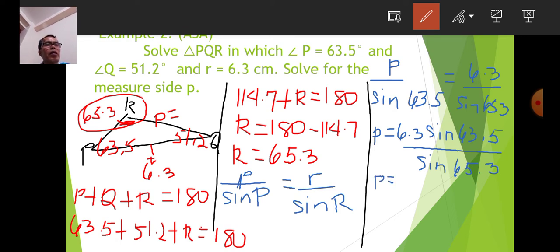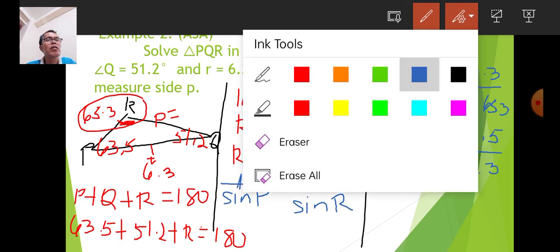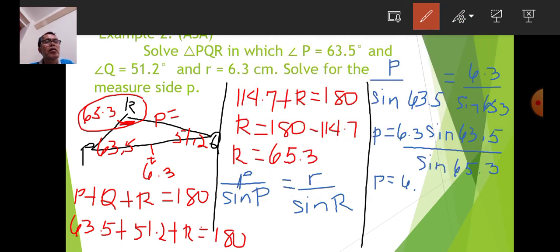So P is equal to 6.3 times sine of 63.5, which is 0.8949, over sine 65.3, which is equivalent to 0.9085.